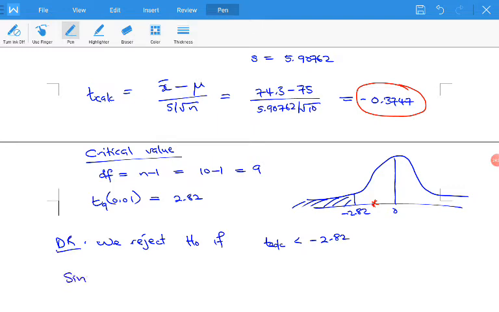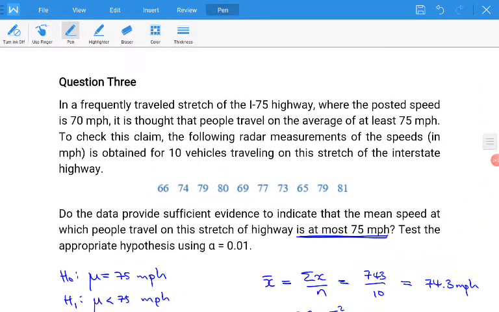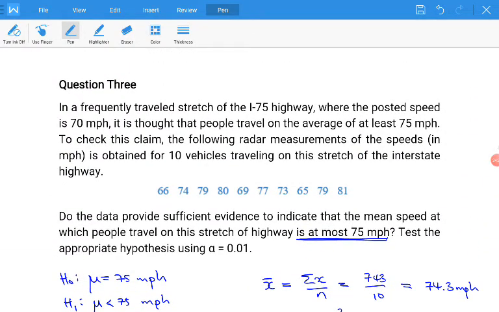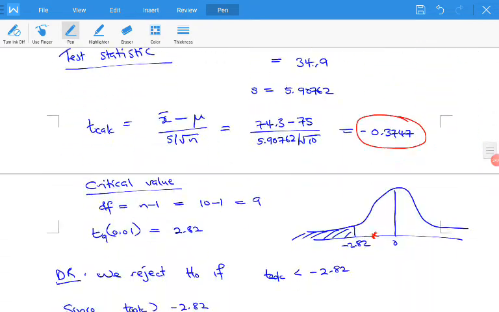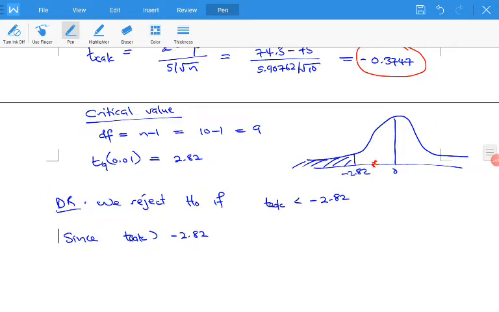So since T calc is greater than negative 2.82, we fail to reject H0. Then we conclude that the speed at which people are traveling is 75 miles per hour. So that's how we go about this one.